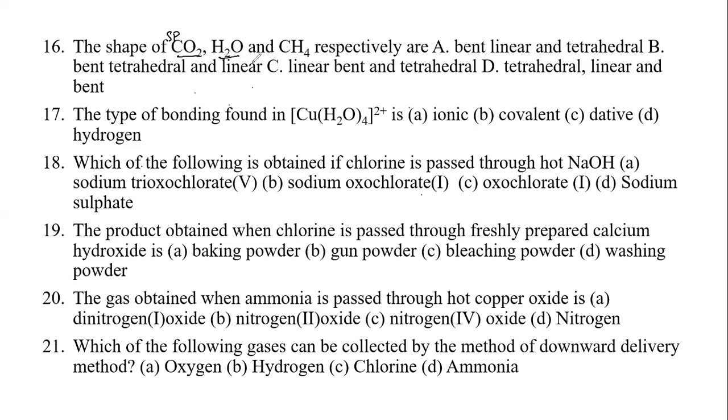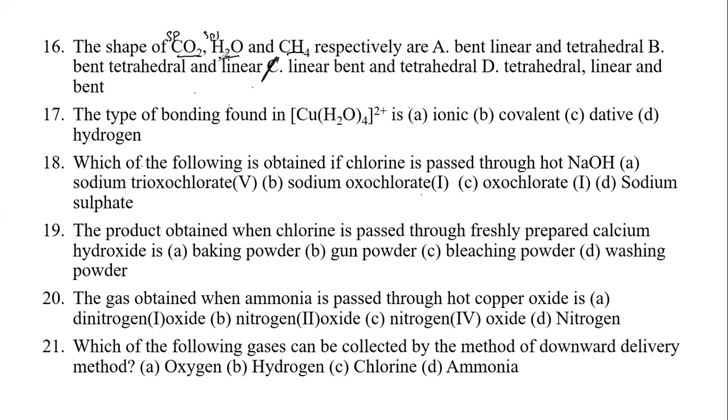Water is going to be bent or V-shape or angular, and it is sp3 hybridized. CH4 is sp3 hybridized and is also tetrahedral. It is a perfect tetrahedral molecule. Are you getting it? Water is a distorted tetrahedral molecule, which is bent. So here is linear, bent, and tetrahedral. So please put that to mind.